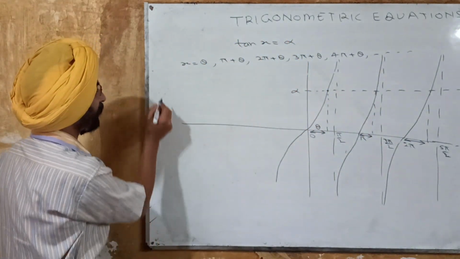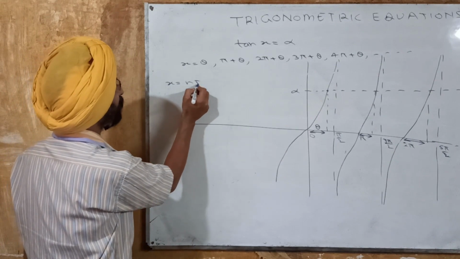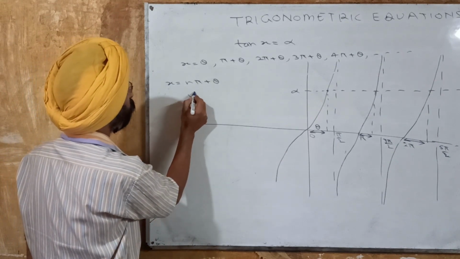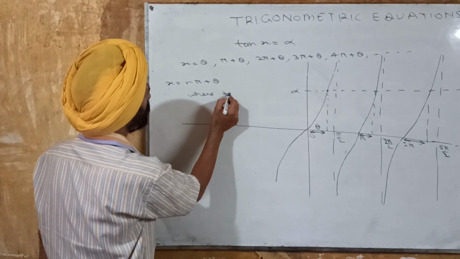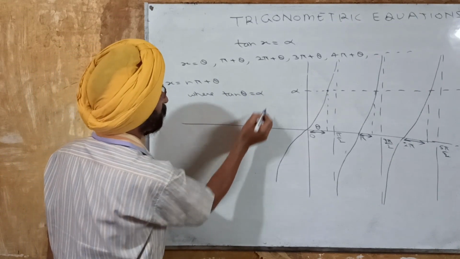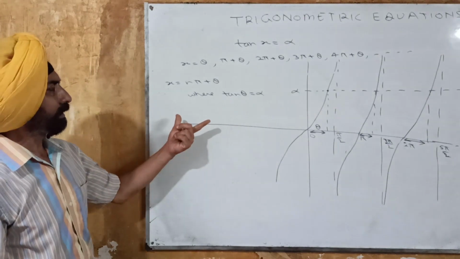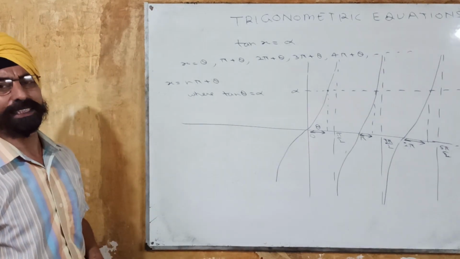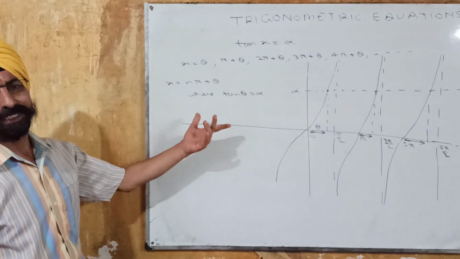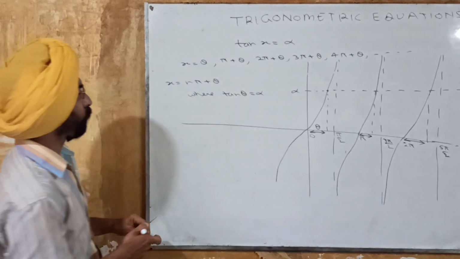Generalizing it, you will get x is equal to n pi plus theta, where tan theta is equal to alpha, the first point in the first or second quadrant, you can say, where the graphs of y is equal to tan x and y is equal to alpha intersect each other. So this is the general solution.